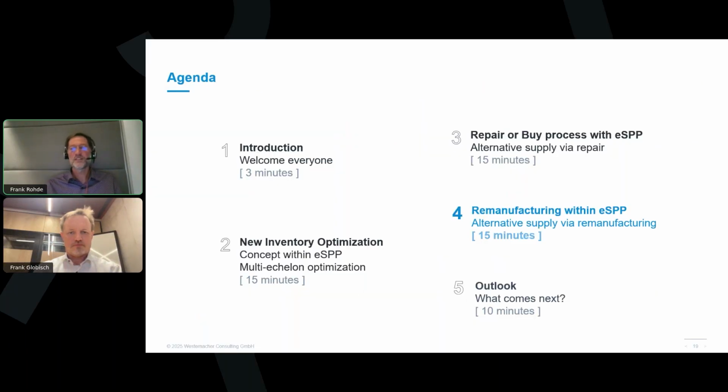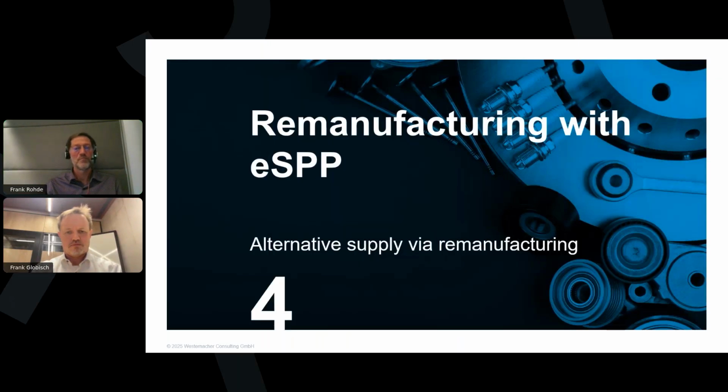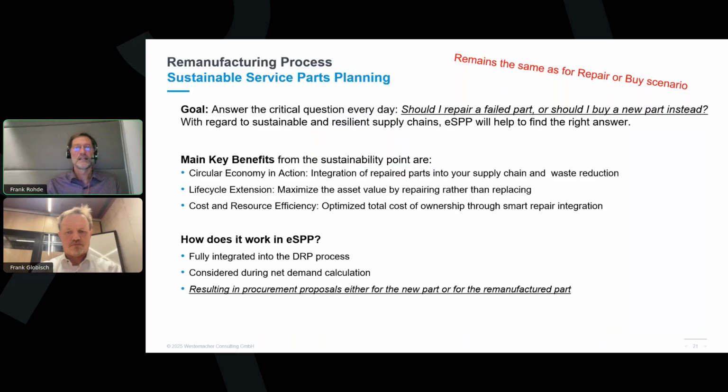The next process, the alternative to repair or buy, might be remanufacturing, which from my point of view is also an alternative supply, because we try not to buy something; we try to remanufacture something. The aspects of sustainability and the benefits are mainly the same, so I keep that short.